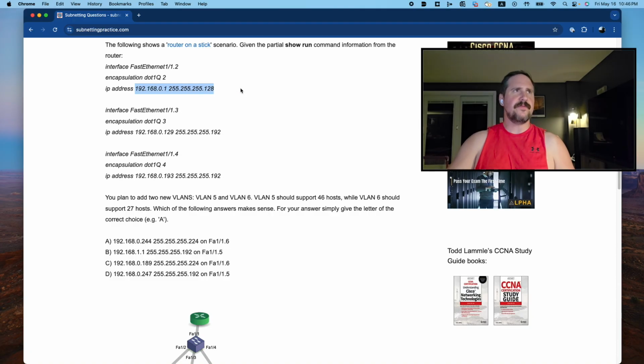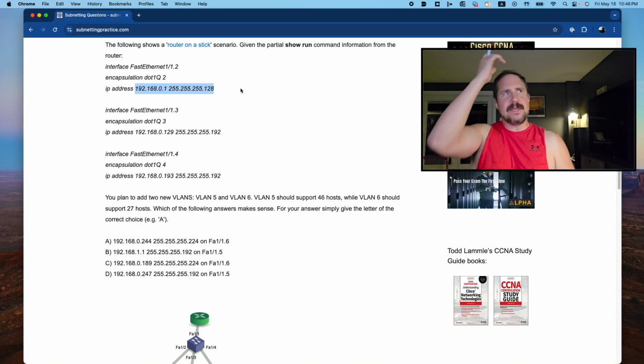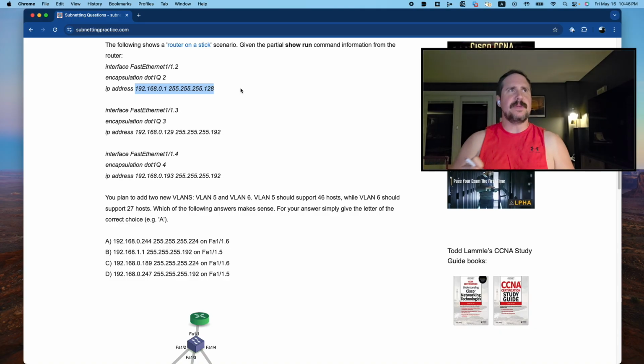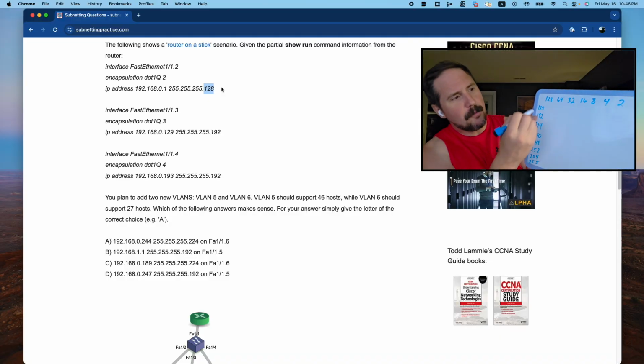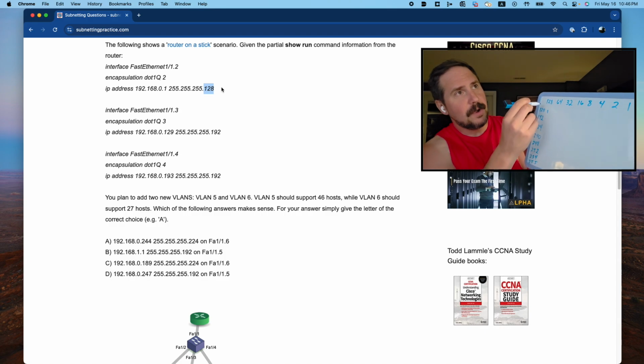So for the first one, what is the range of hosts that is occupied by this IP address, or by the subnet that this IP address exists in? Because it is a .128, the way I work with this is I just put a little dash right there for .128.